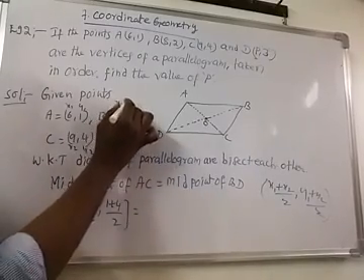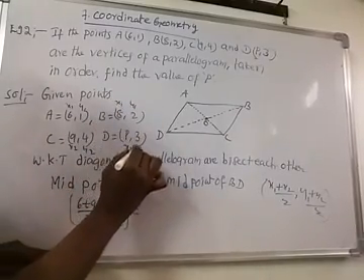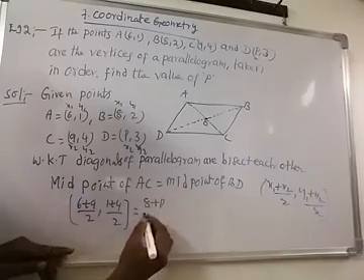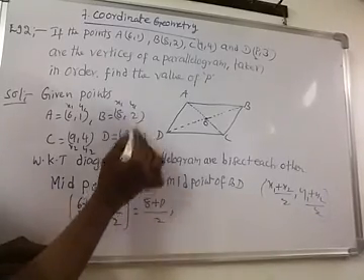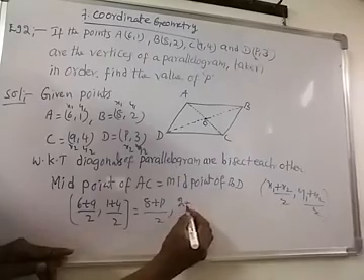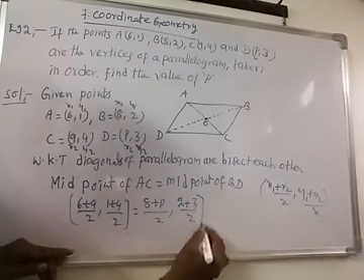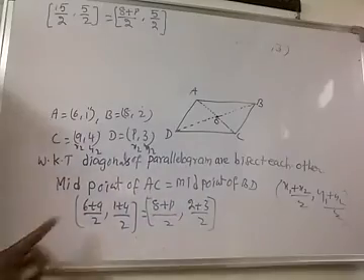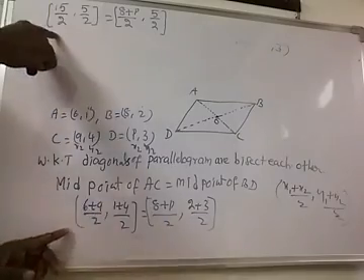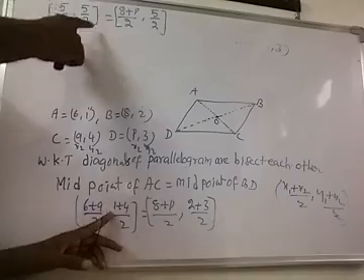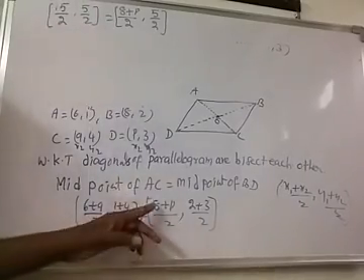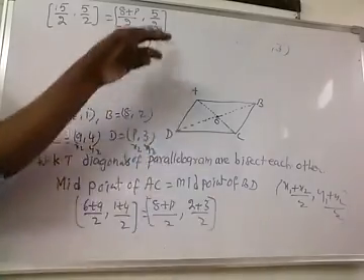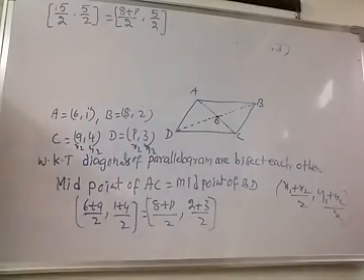In this it is x1, y1 and x2, y2, that is (8 plus p)/2, (2 plus 3)/2. So 6 plus 9 is 15, 15/2, 1 plus 4 is 5, 5/2, is equal to (8 plus p)/2, 2 plus 3 that is 5/2.